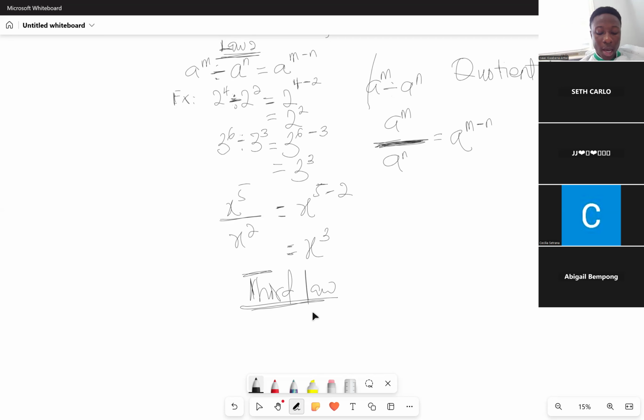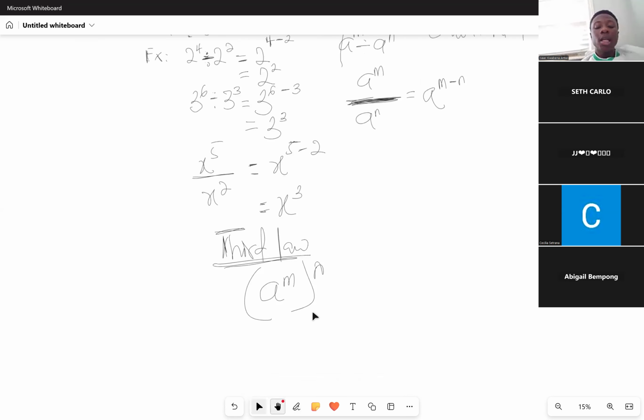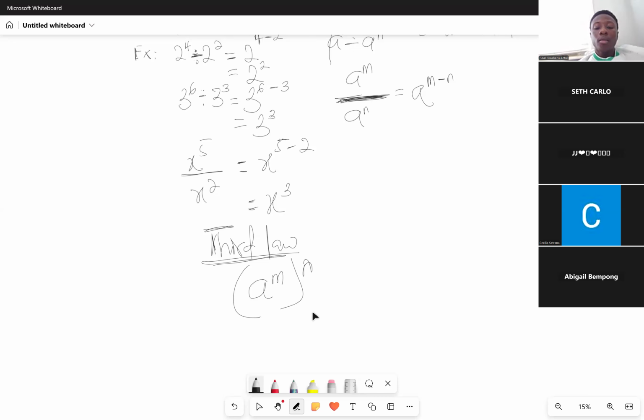When you have a number with an index raised to an index, the indices multiply themselves. So you have a to the power of m times n, which is mn. The powers multiply themselves.